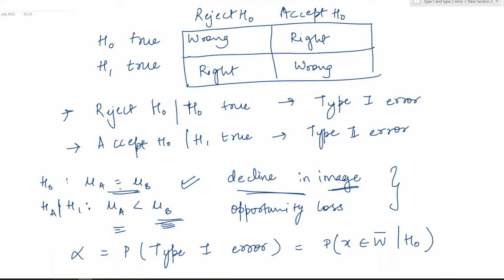And also our beta is the probability of type 2 error, that means the probability that we accept H0 while our H1 is true, that is our X lies in the acceptance region while our H1 is true.